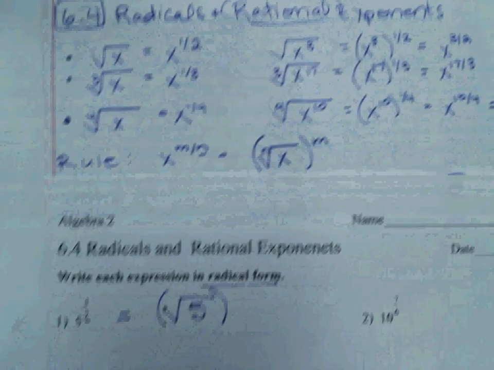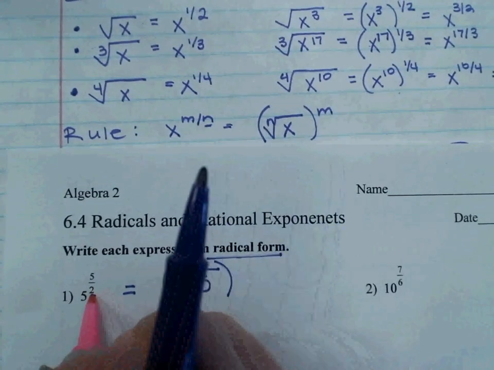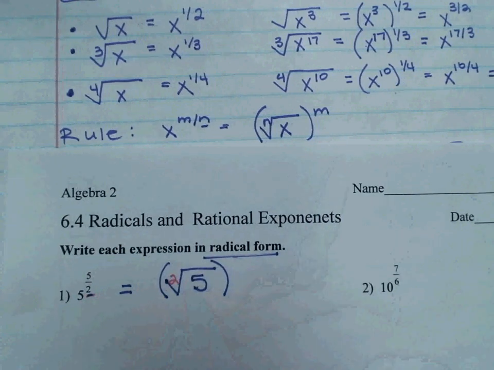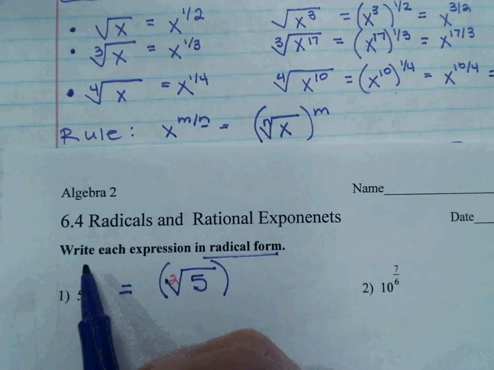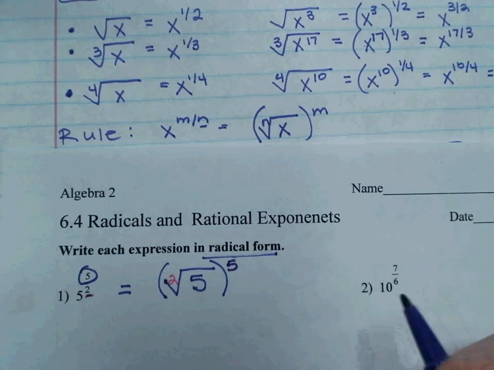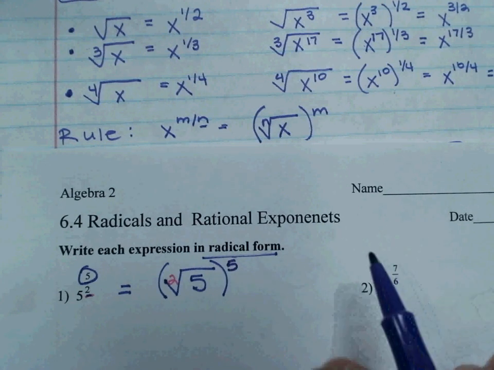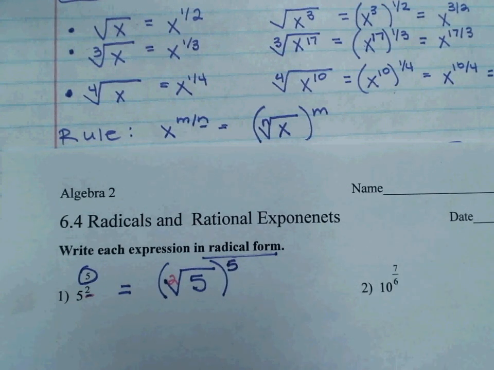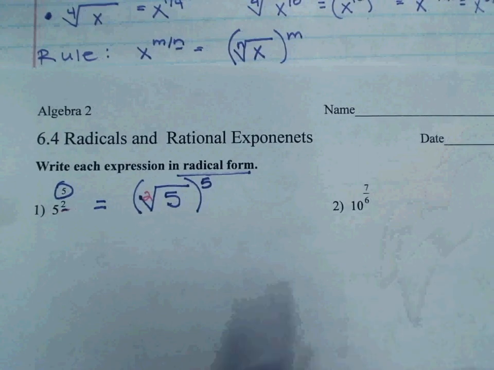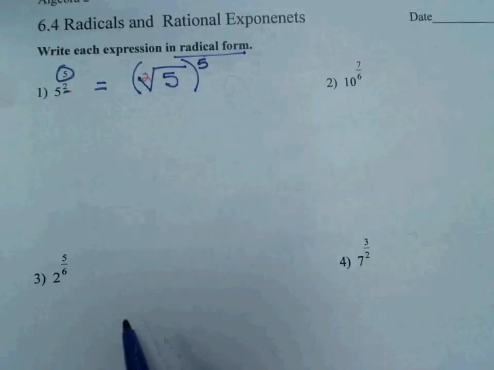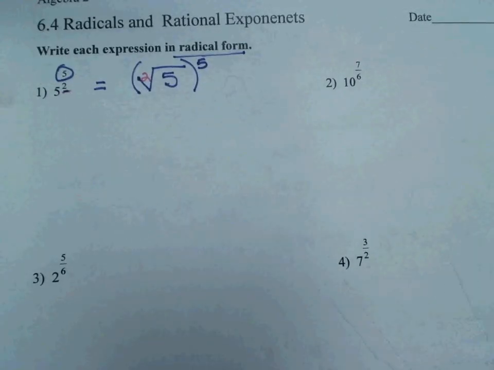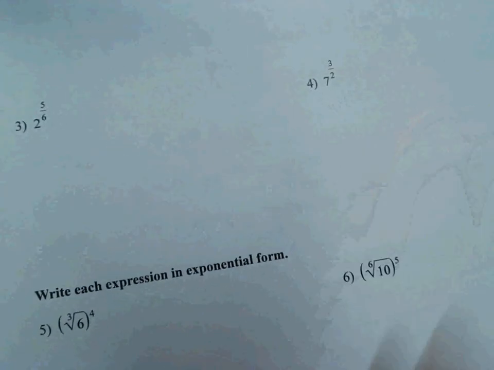Again, we could think about that as 2 in the index, and then it's raised to the 5th power. And that's radical form. That's your final answer. That's all you needed to do for these problems. You don't need to simplify it any further.